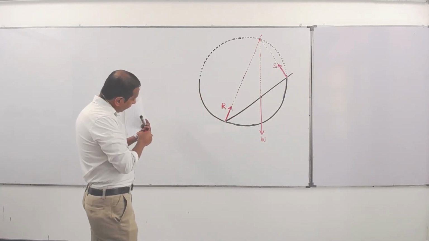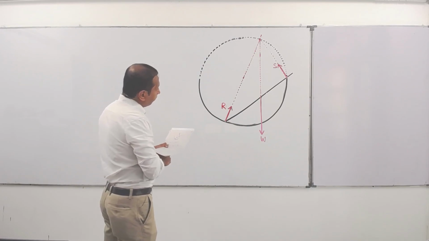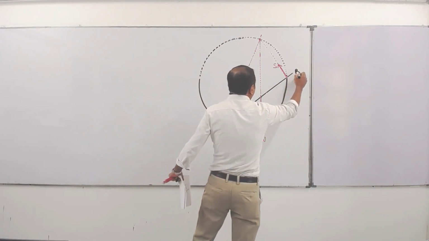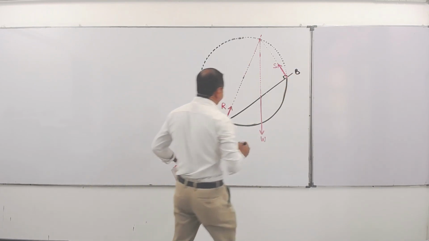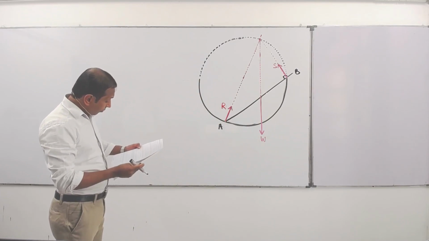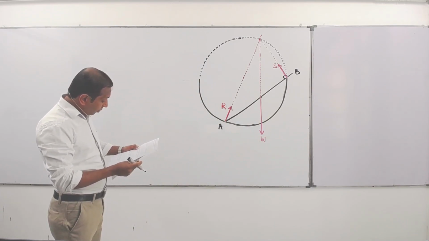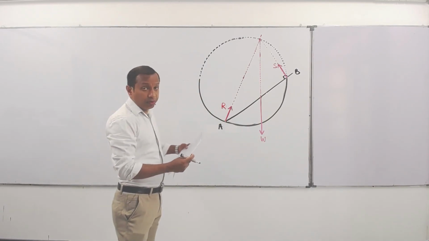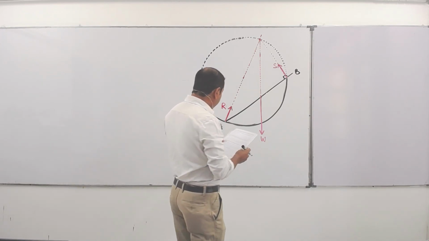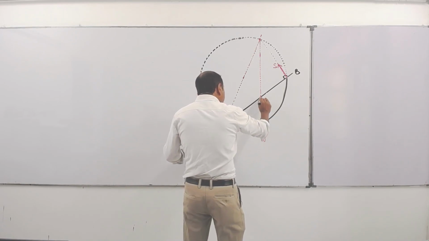Right. Now here A, this point is B, here 9. We are given the rod AB of length 3R, a uniform rod, so the center of gravity is at the midpoint. The length of the rod is 3R, meaning from here to here is 3R by 2, half of the whole length.